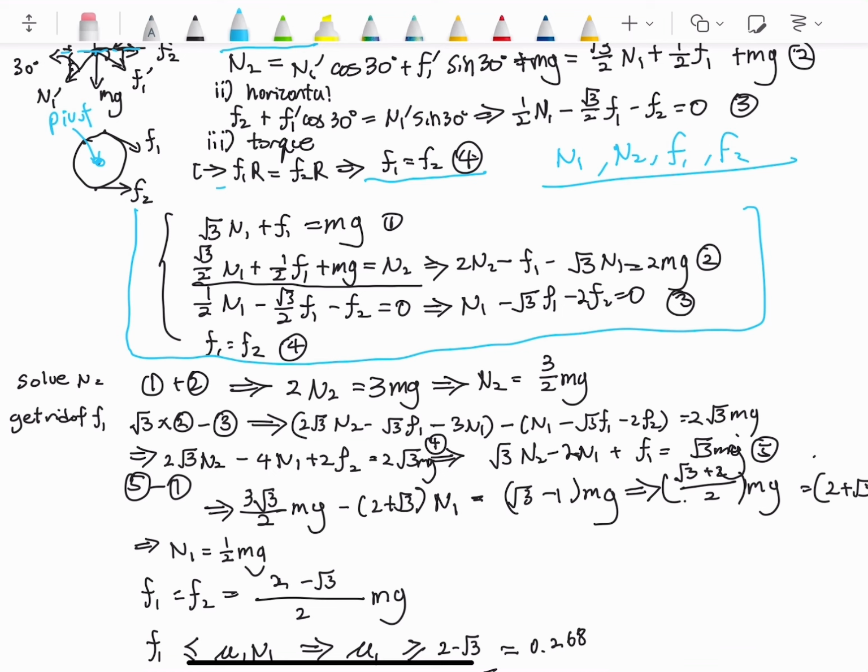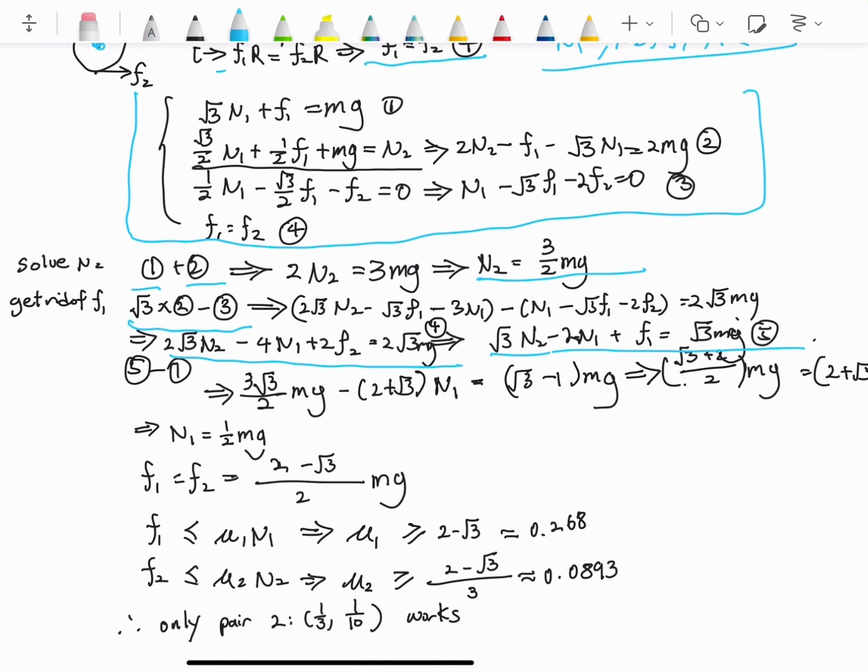What we can first do is solve for N2, because if we add equations 1 and 2 together, we get that N2 is equal to 3/2 mg. If we do a little bit of algebra with equations 2 and 3, then we can get this equation. And because F1 is equal to F2, we can substitute F1 in for F2, and now we get this equation.